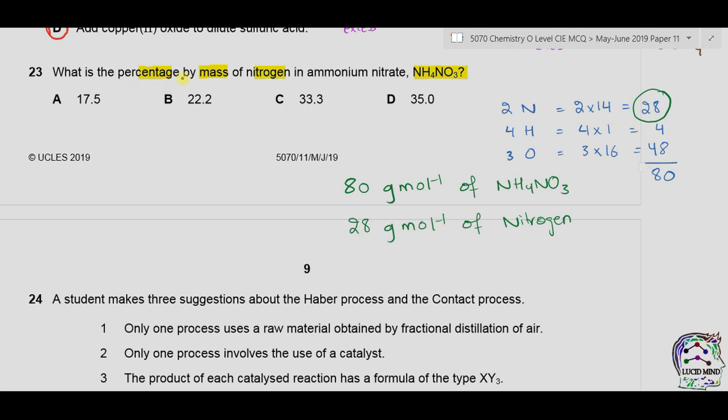Now by using the formula of percentage by mass, percentage by mass of nitrogen is equal to mass of nitrogen in 1 mole of ammonium nitrate divided by total mass of ammonium nitrate into 100.